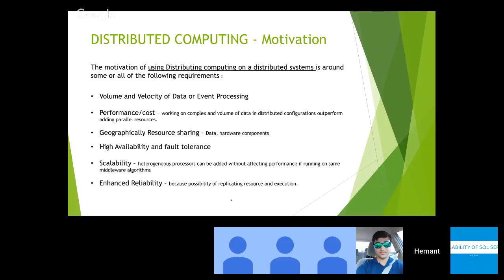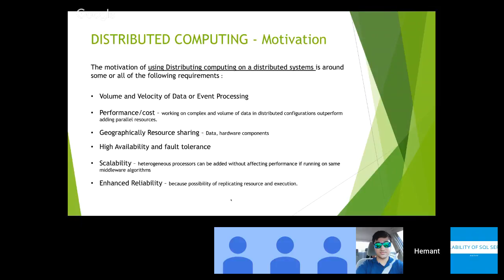One is the volume and velocity of data or even processing. Volume is the quantity of the data, and velocity is the speed at which we are generating the data. I'll take examples of each of these when I discuss big data, and how that works. And then the other motivation factor is the performance versus the cost.